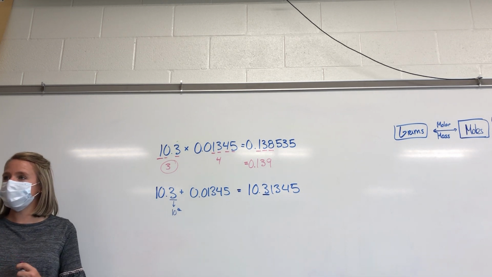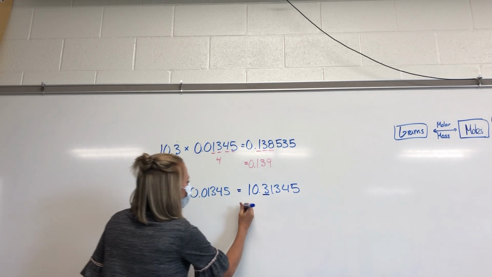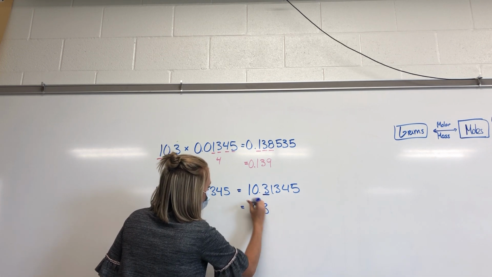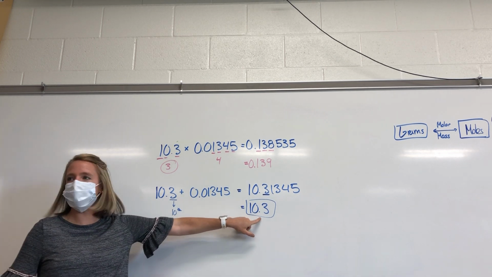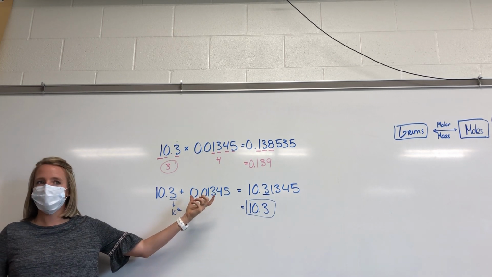Check for rounding. This one doesn't round up. So your answer would be 10.3. Now, it is okay if the math brain inside of you bothers you a little bit. Because at first look, does that answer seem weird with this problem? Yes.